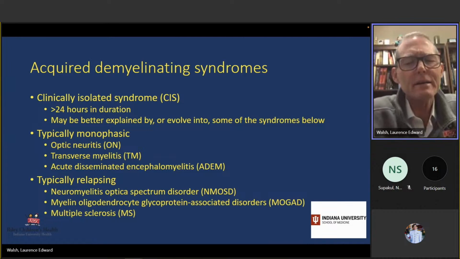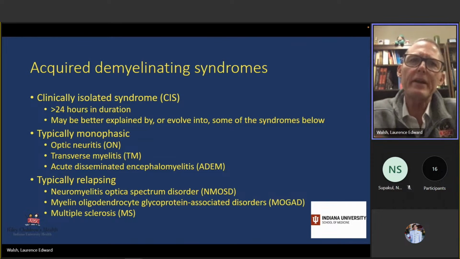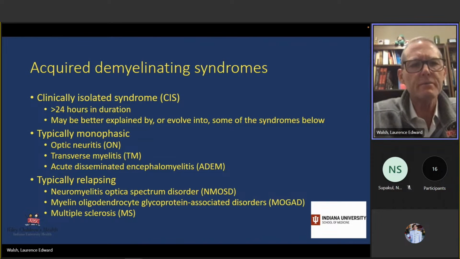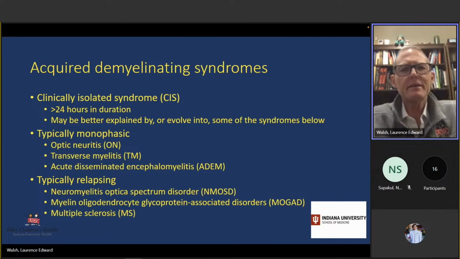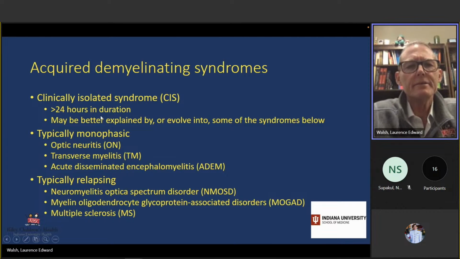So I divided these up, as many folks have, into clinical, radiographic, and serologic pictures, I think is the best way to put it. I'm just going to go through those quickly here. First you have CIS, clinically isolated syndrome.